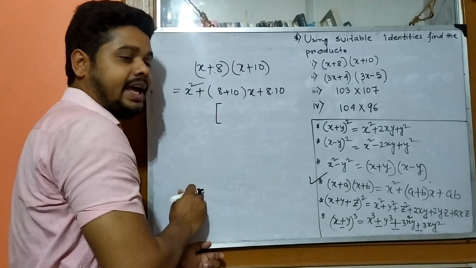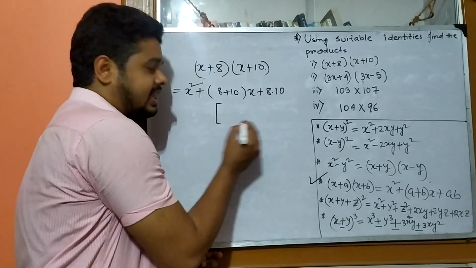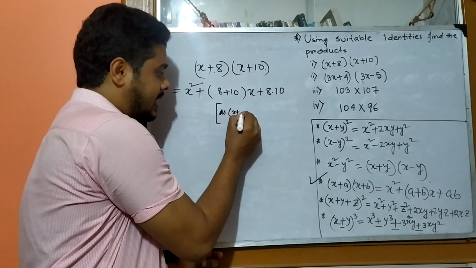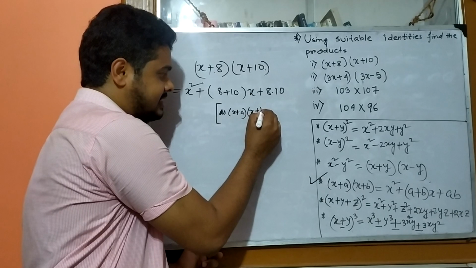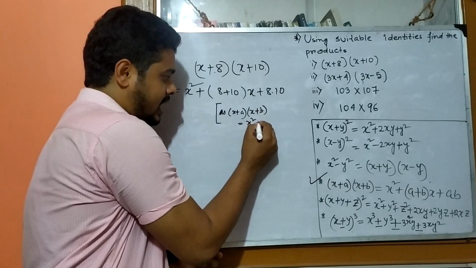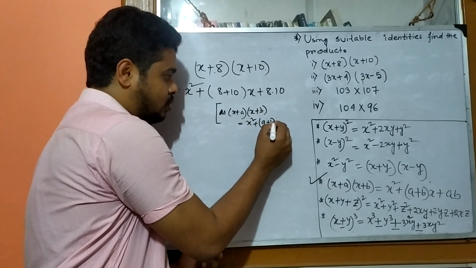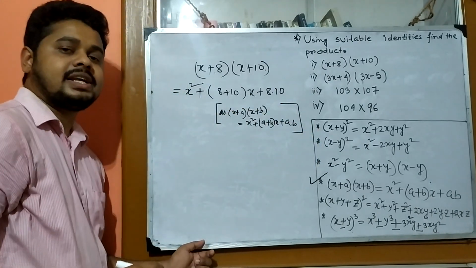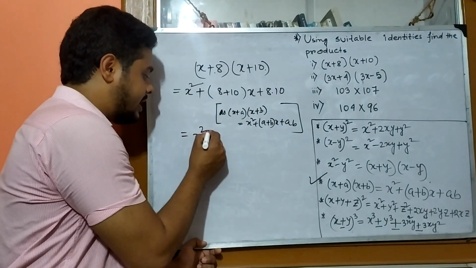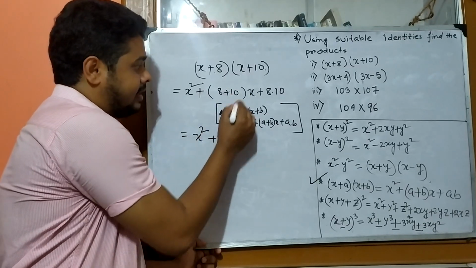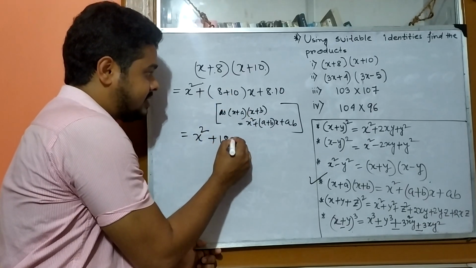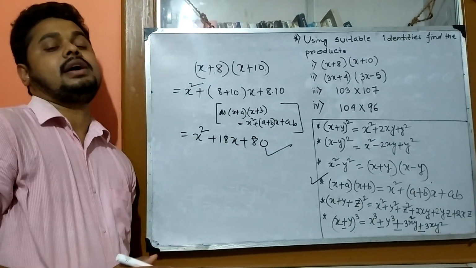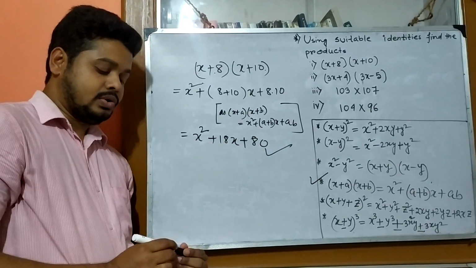And beside that, mention the identity: x plus a into x plus b equals x square plus a plus b into x plus ab. Mention the identity. So our result becomes x square plus 18x plus 80. That is the answer. Clear?